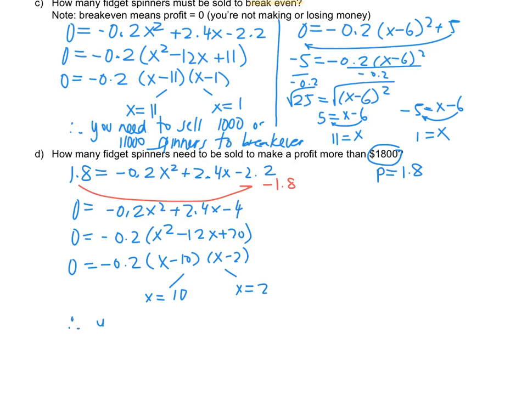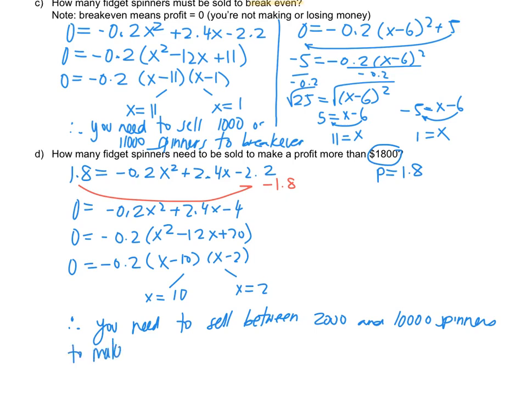So therefore, you need to sell between 2,000 and 10,000 spinners to make a profit more than $1,800. And again, you could have done isolation as well using the exact same steps we did in question C.